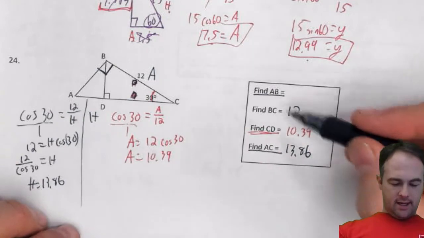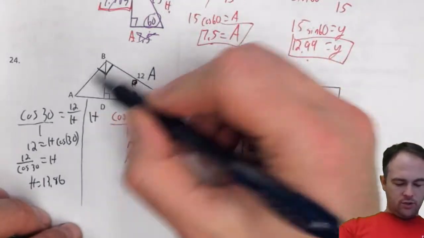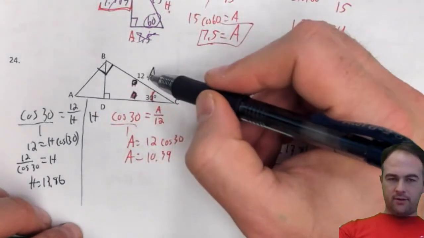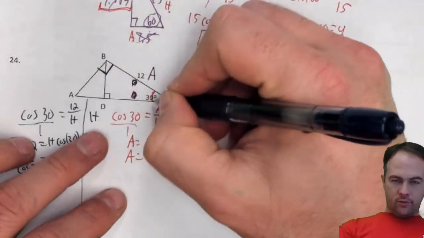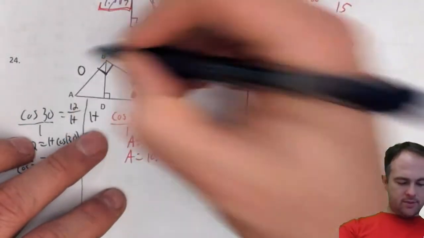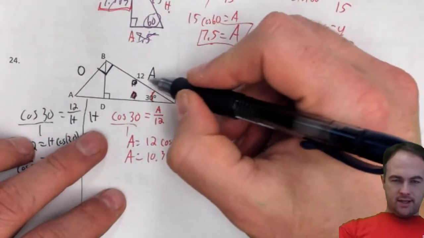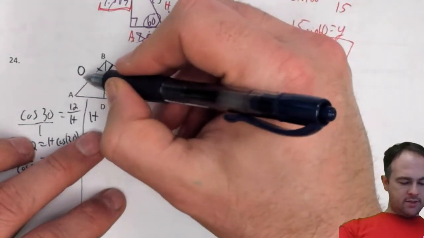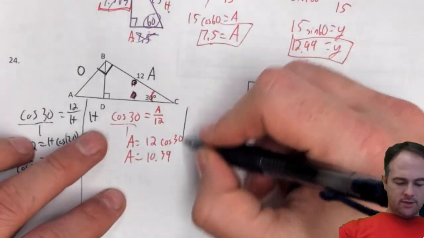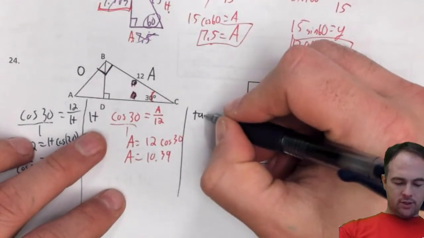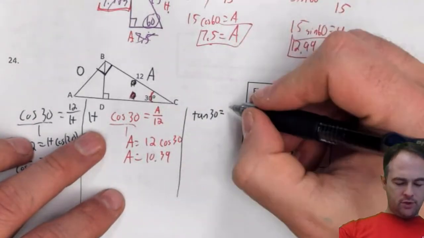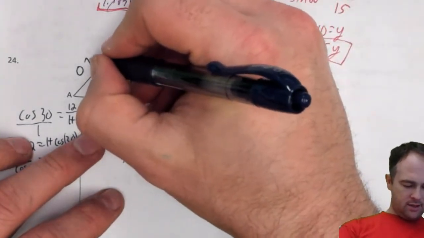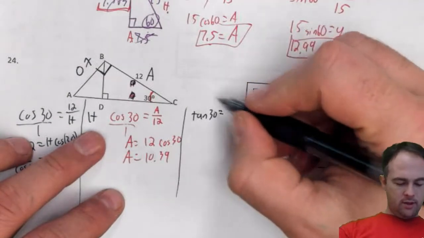Now my last side, AB, which I could do one of two ways. I could do Pythagorean theorem, or I could do trig again. Since, again, 30 is my reference angle, this one is opposite. My original side is A. My side that I want is O. That is going to be, A and O is tangent. So tangent 30 equals opposite over adjacent, and again, I'm going to put an X there because I don't like using O as a variable.